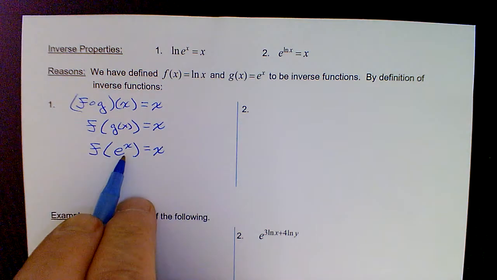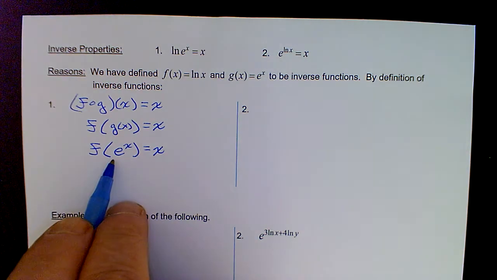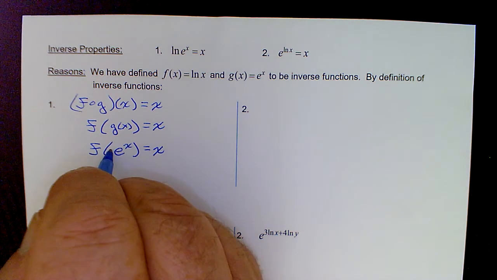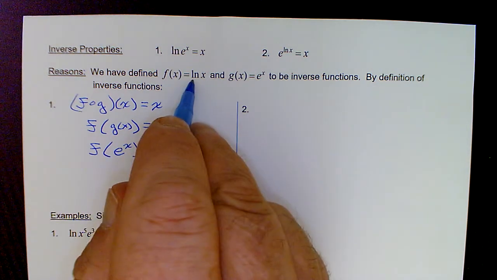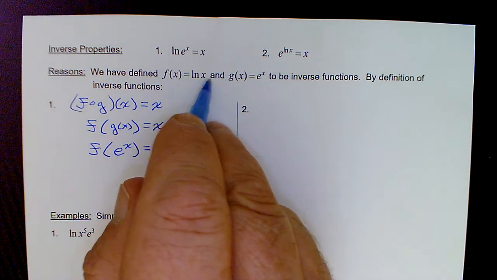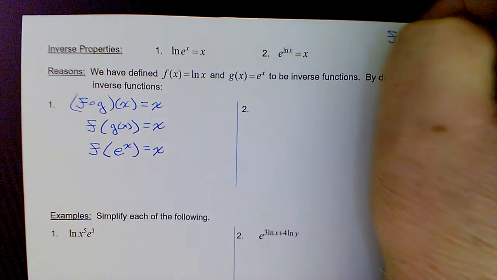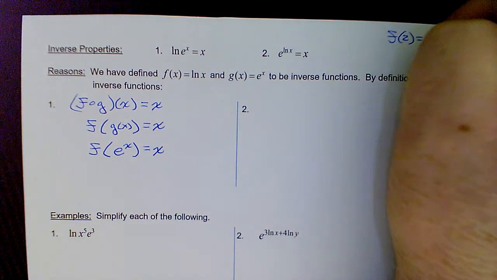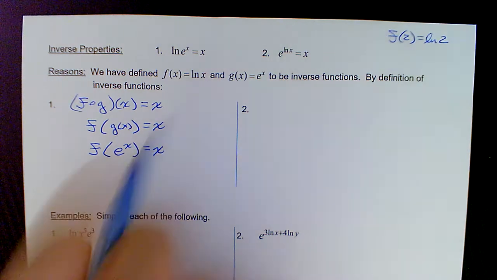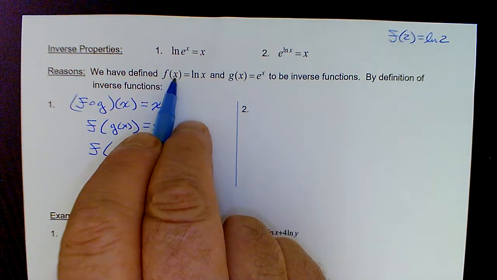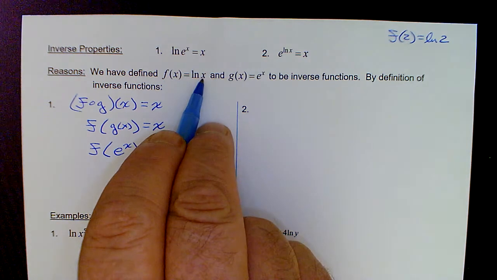And then this just simply means, don't make this harder than it is, because this is f of this, e to the x. Like, for example, if f of x is the natural log of x, then f of 2 would be the natural log of 2. We're just replacing the x in f of x by the number 2.